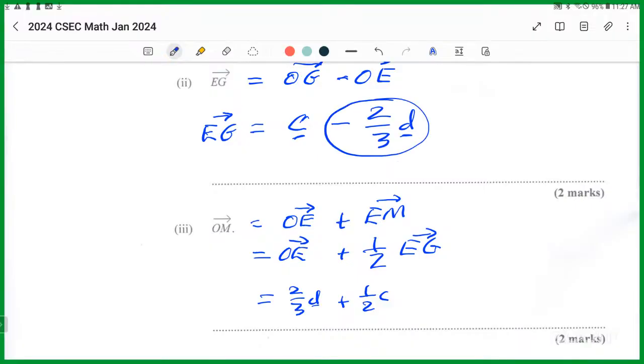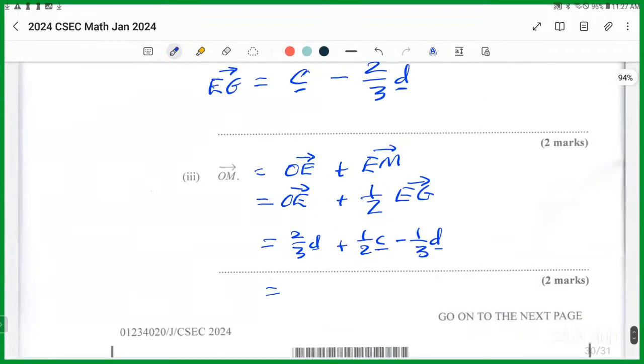And if you do half of 2/3 it becomes 1/3, right? So you're going to put minus 1/3 D. That's what it is, right? So let's simplify. It becomes half of C, that's the only C term there. Half of C. And then 2/3 D minus 1/3 D gives you 1/3. 2/3 minus 1/3 is 1/3. So we get plus 1/3 D.